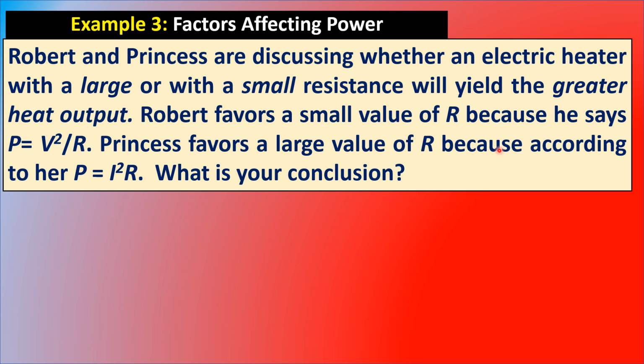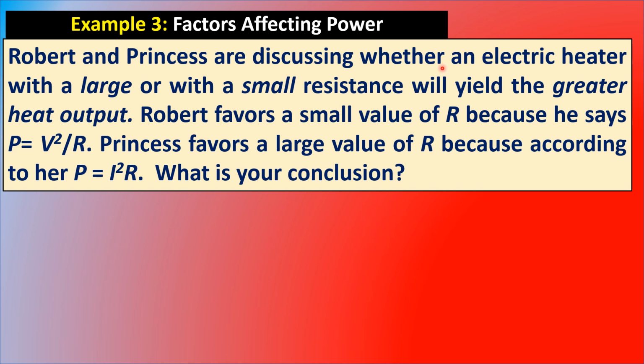Now, what is your own conclusion? Okay, so let us first clarify some terms here. When you say greater heat output, we actually mean the amount of energy that is transformed in using an electric heater.